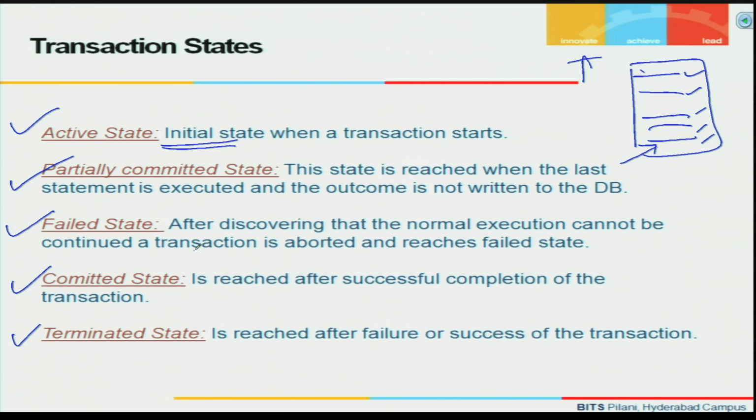This state is reached when the last statement is executed and the outcome is not yet written to the database. That means all the instructions are successfully completed, but the final outcome of executing this transaction is not permanently written to the database. When that happens, the transaction will be in the partially committed state.